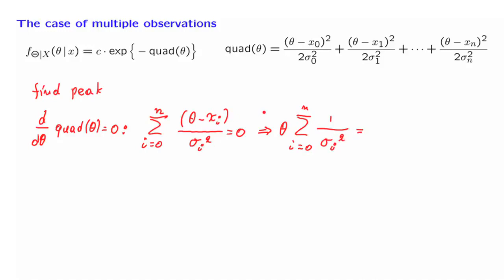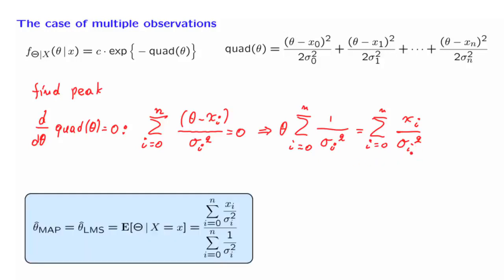And we move the terms involving x's to the other side, and this gives us this expression. And finally, we take this sum here and send it to the denominator of the other side. And this gives us the final form of the solution. The peak of the posterior distribution, which is also the same as the conditional expectation of the posterior distribution. Whenever we have a normal distribution, the expected value is the same as the place where the distribution is largest.